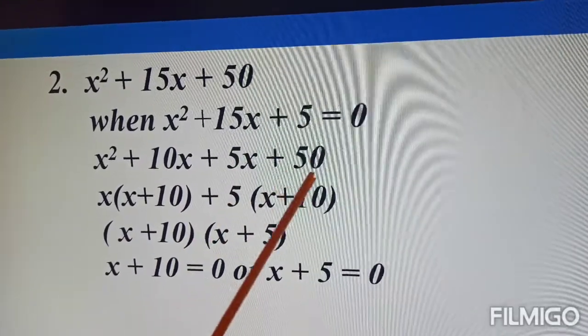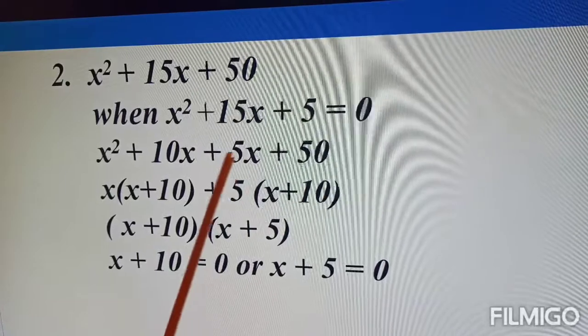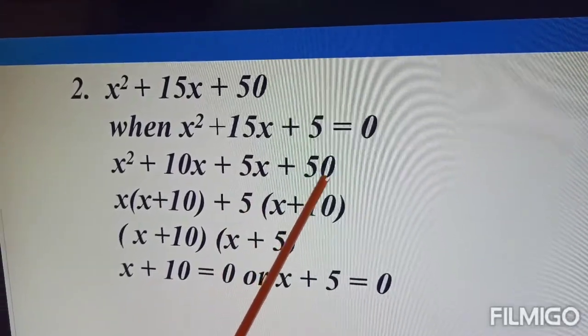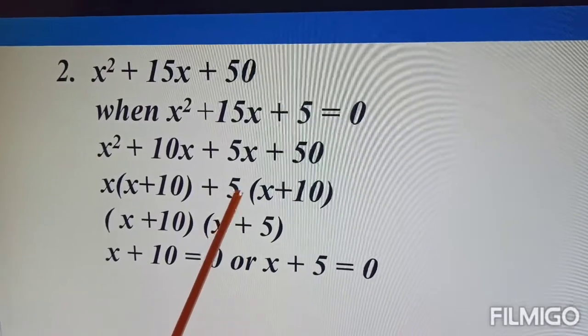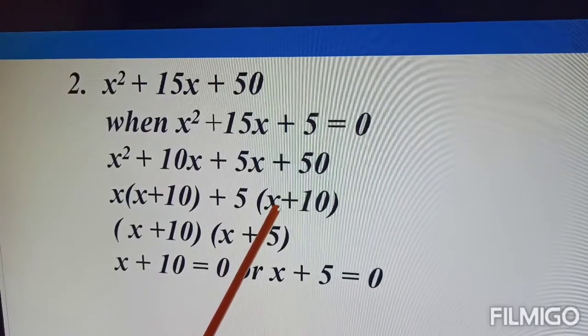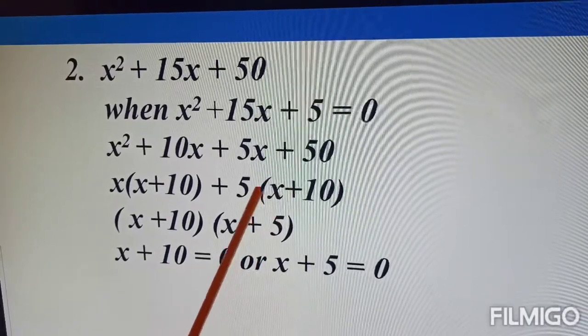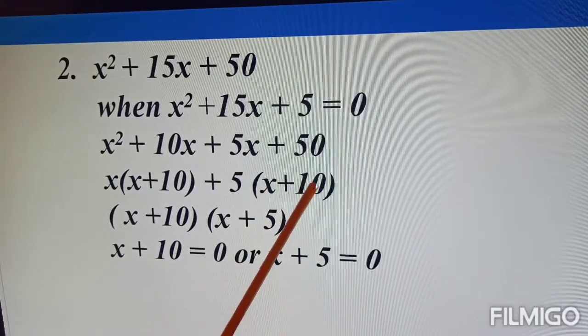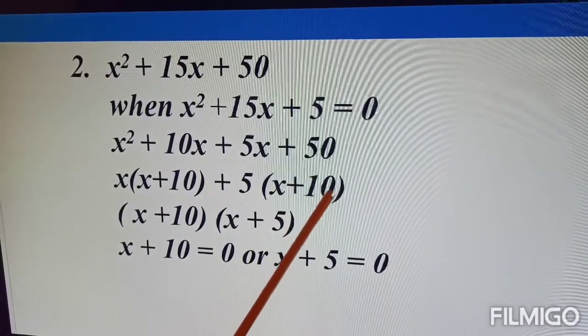From these two, if we take 5 as common. See here, what is the common factor? 5 and 50. 5 is the common factor. Then 5 we take outside, only x remains inside, plus as it is. Then 5 tens are 50. Then x plus 10 remains inside.